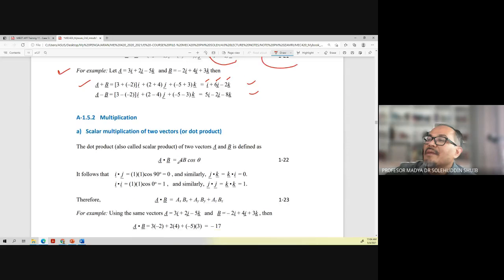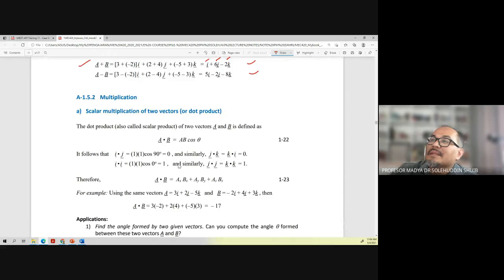So now we have multiplication. When you have two vectors, we can use the dot product. So we have here the dot product.